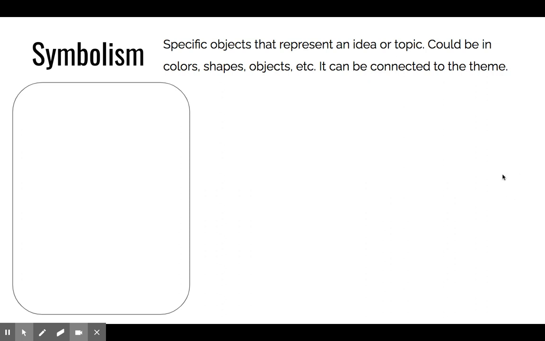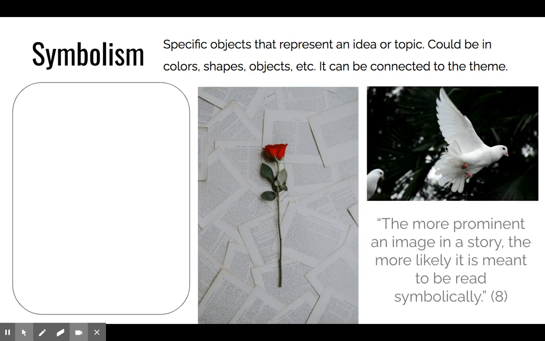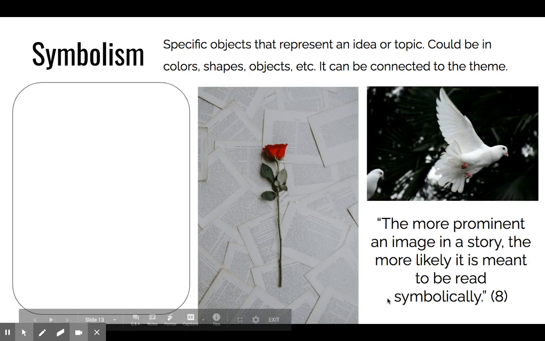So this could be colors, shapes, objects, and it doesn't always have to be, but sometimes you'll find that symbolism is connected to theme. So these pictures, classic roses typically represent romance, or you could look at the color red representing anger, hatred, that type of thing. Doves usually are a symbol of peace.